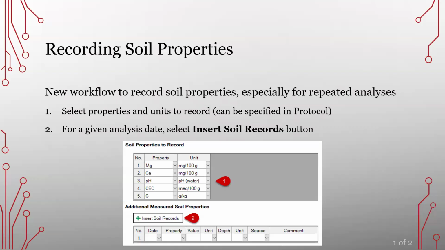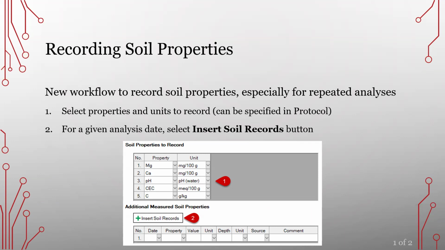Related to that growing table, we added a new workflow for actually recording those different soil properties. The main idea would be, especially if you have a repeat analysis. So maybe I'm going to take a soil sample once a month throughout the season or once every so many weeks.